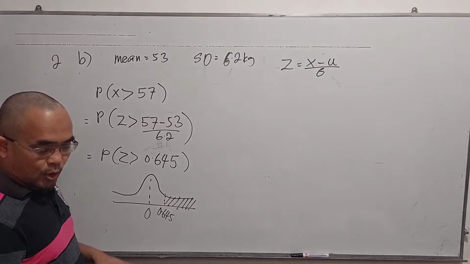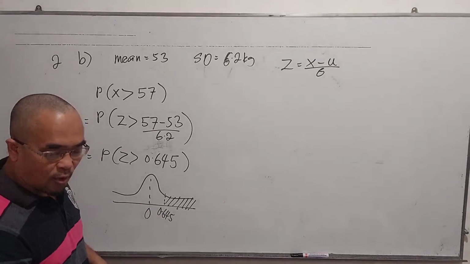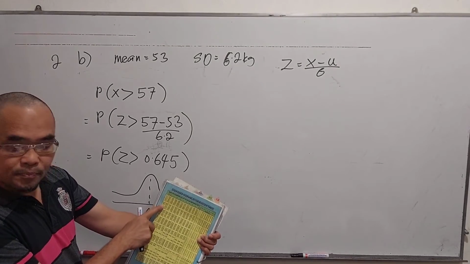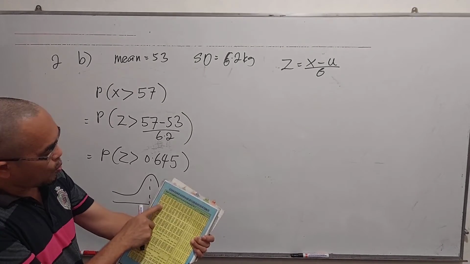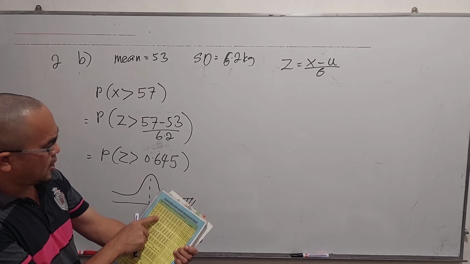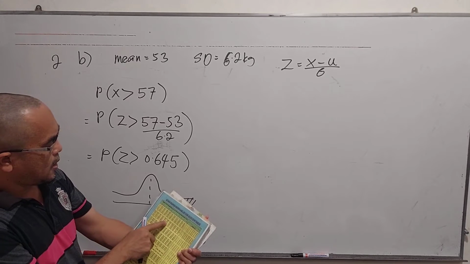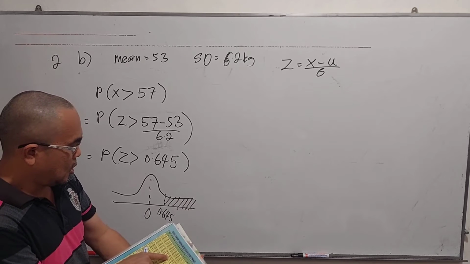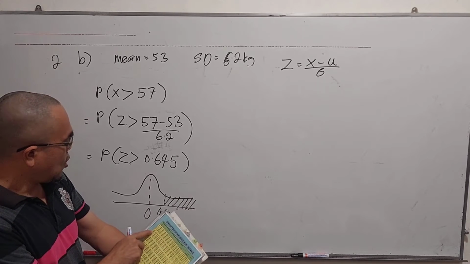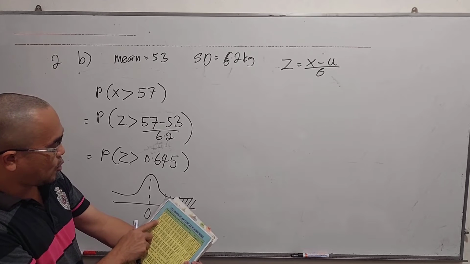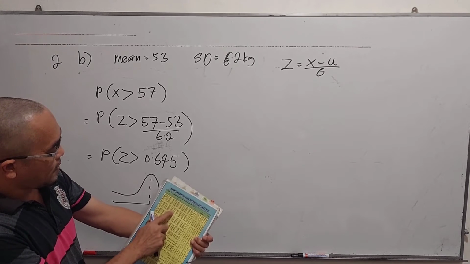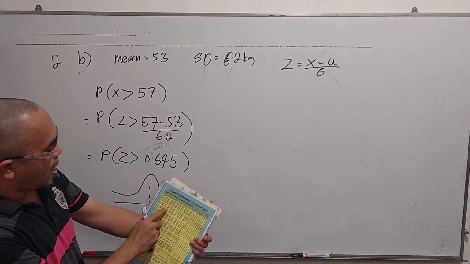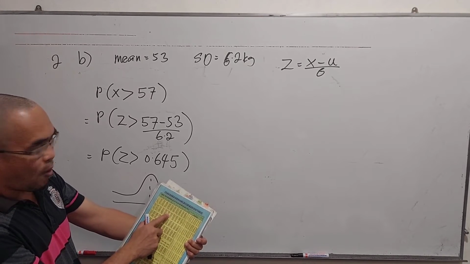So when you read 0.645, look at 0.6 here, and then go 1, 2, 3, 4, 5, and 6. 0.64. Okay, so 0.6 and then 4 will be 1. First you got 0 and then 1, 2, 3, and 4.